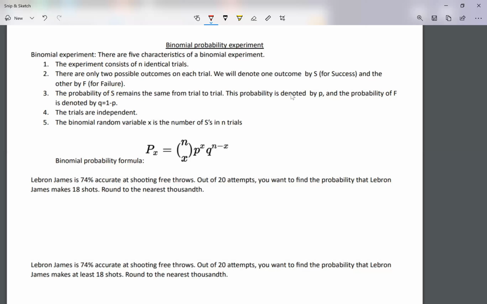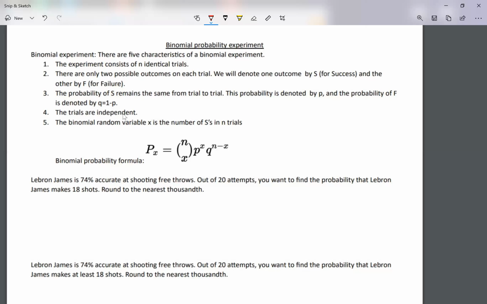So my P is 80%, and my Q is 1 minus 80%, so 20%. As decimals, my P is 0.8 and my Q is 0.2.